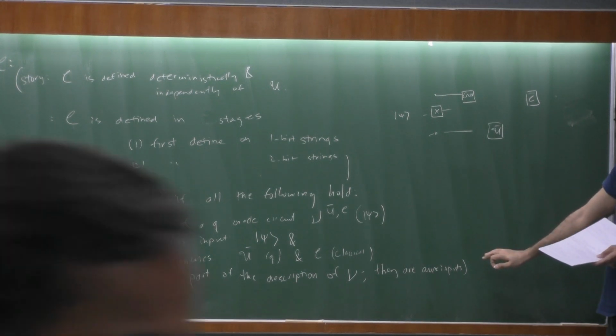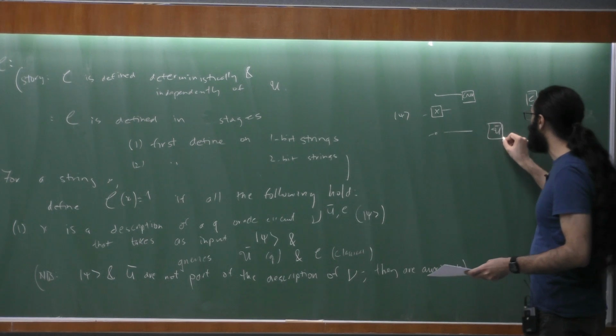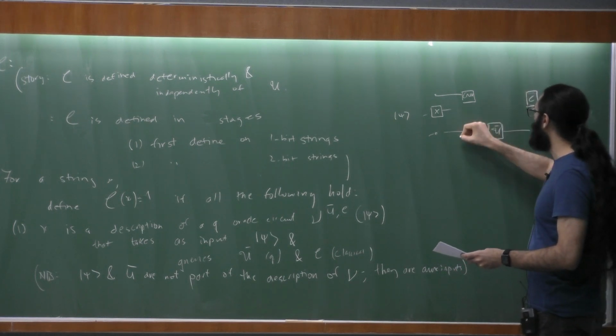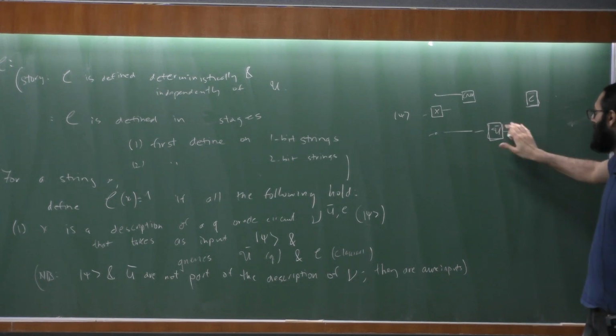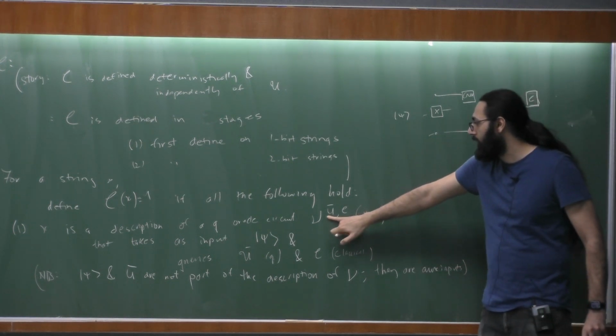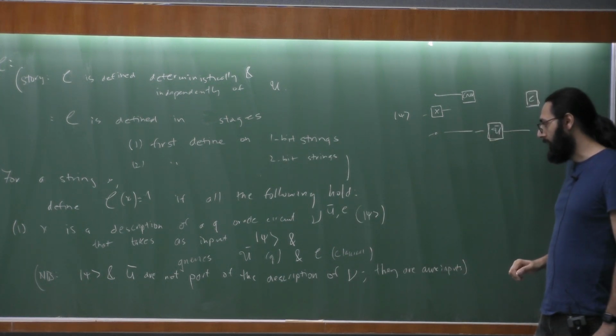So basically it's going to say that this is the oracle, and it will describe a circuit with whatever gates, and it will leave a placeholder for the first input oracle, second input oracle, and so on.